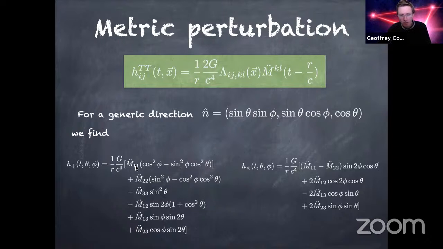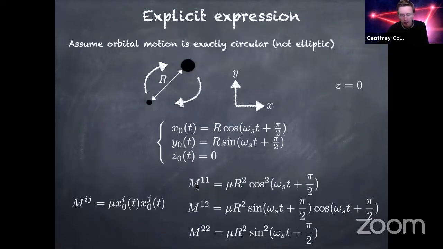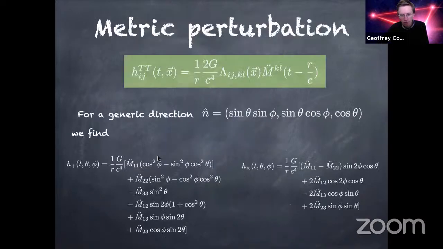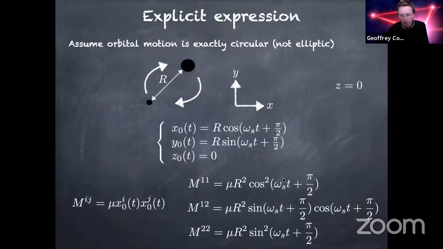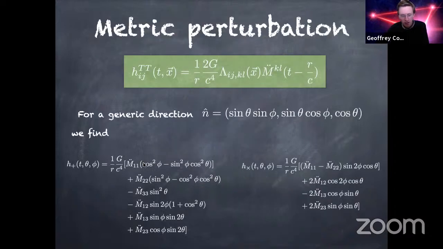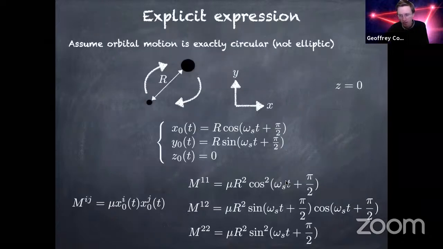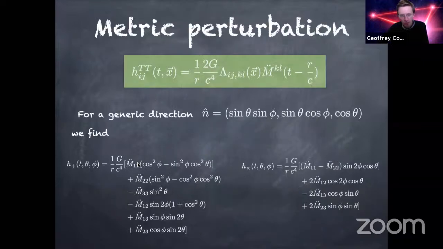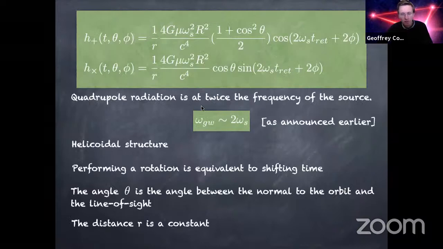Now I plug in the explicit values for these M's. You see that they depend on the fixed radius r and the frequency omega s, and I need to do two time derivatives, which will introduce omega s squared. Now it will depend on theta, phi and on t. There are various trigonometric functions here, and you have to work out the math. This is a bit too long to do in this lecture, but you can just plug it in and check.